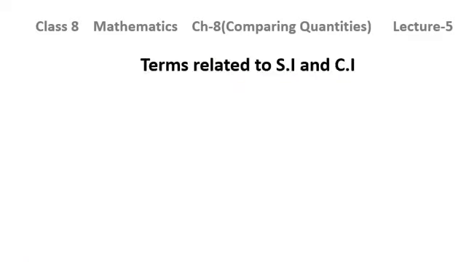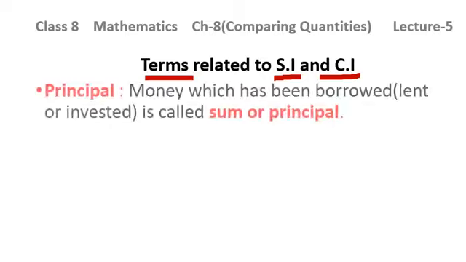The terms related to SI, that is simple interest, and CI, that is compound interest, are basically the same. So let us see the terms related to them.